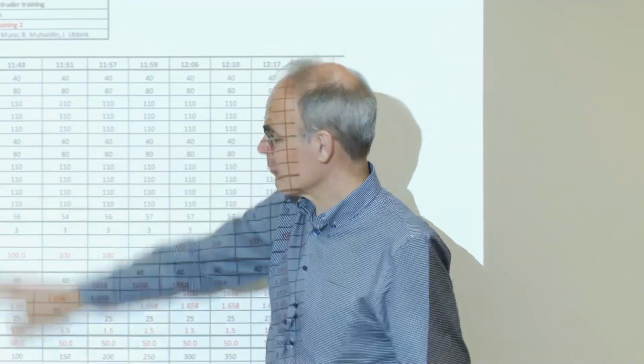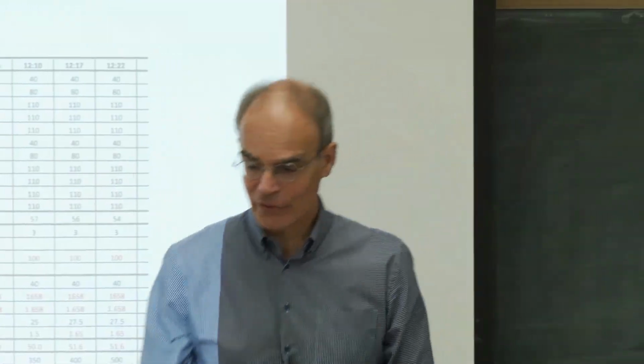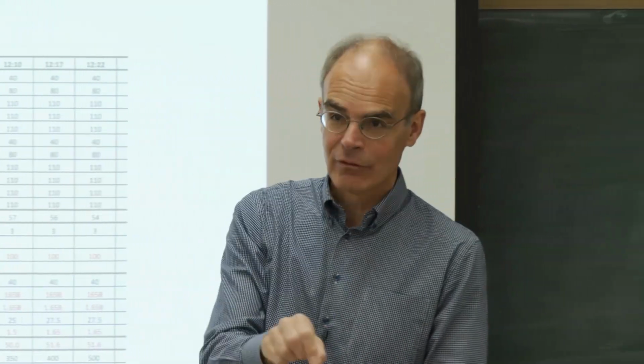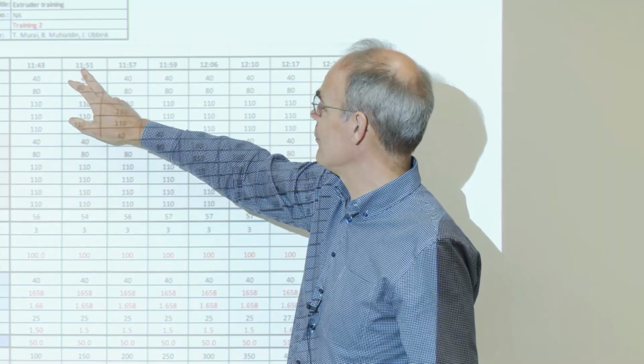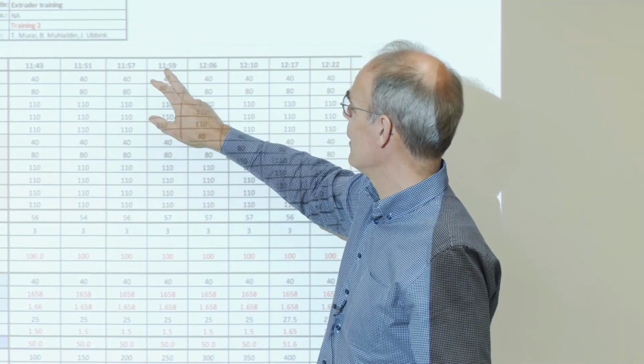Now, instead of writing down all these parameters on, let's say, your Ziplocs, the trick they employed at Bühler, and I think it was a great one, which I'm always using, is to just record the time. You know, 11:43, 11:51, 11:57, 11:59.